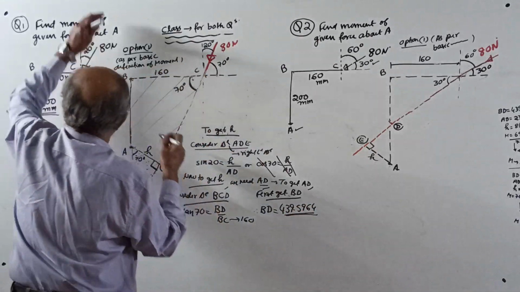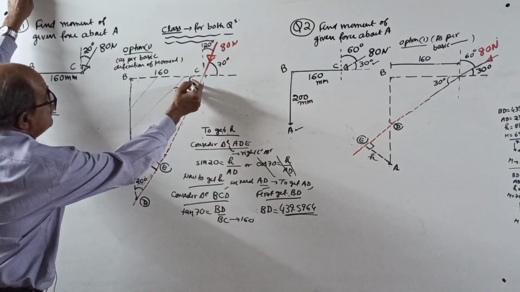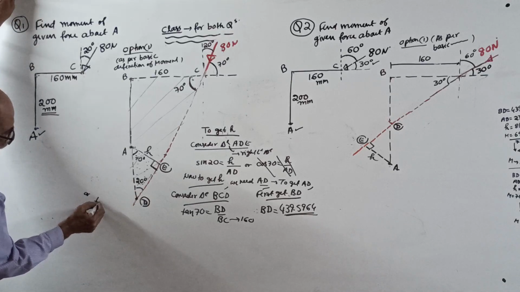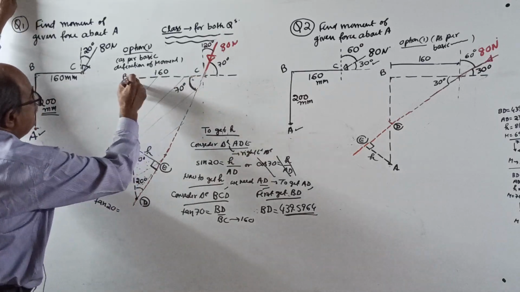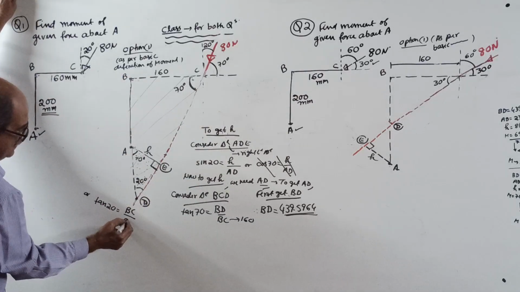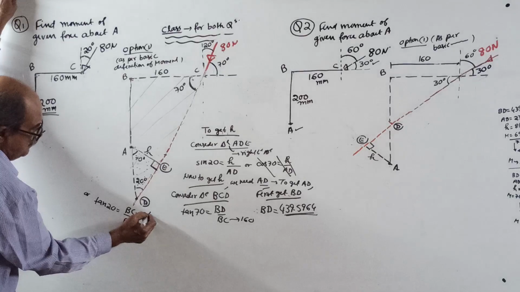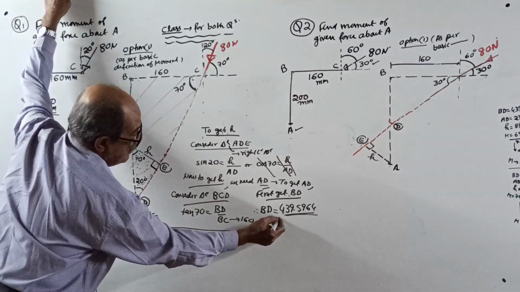Okay, over. Now, or you can do one thing, if you do not want to use 70, you can use 20 also. Tan 20 equal to BC divided by BD. BC is 160, substitute, this also will give you the same answer.